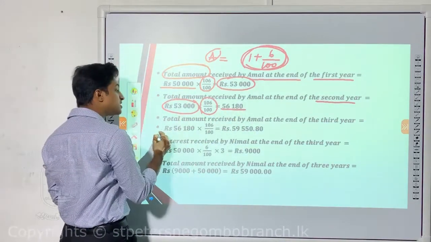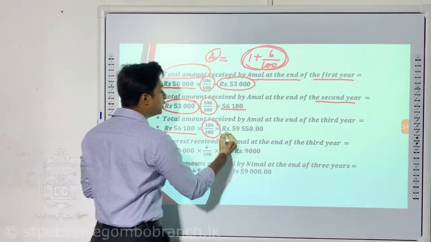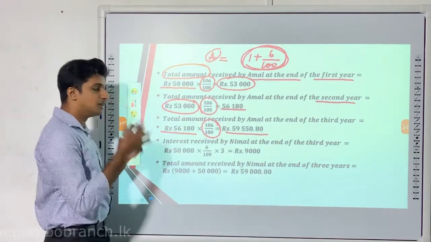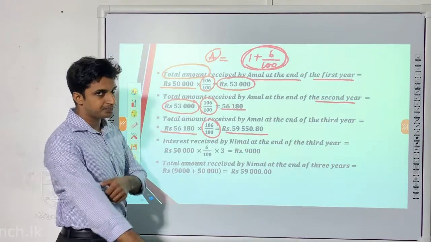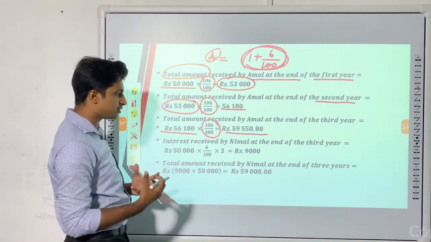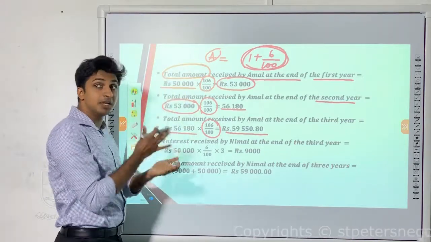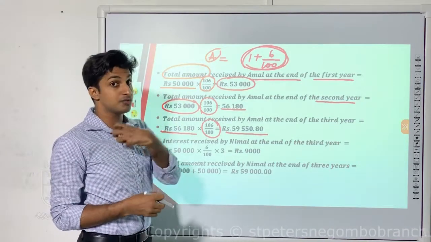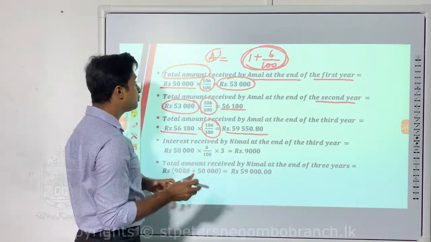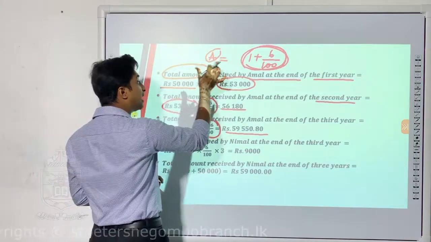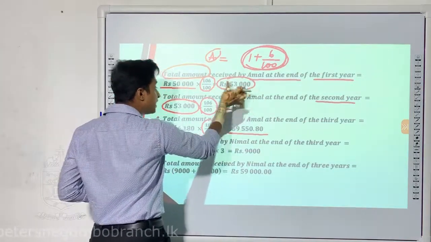Now take the value for the second year and compound again to find what is the total amount he has by the end of the third year. I told you in compound interest, we are not only talking about the principal amount. The principal amount is not taken to calculate the interest for all the 3 years. What we do is we take the principal amount and calculate the total amount for the first year.